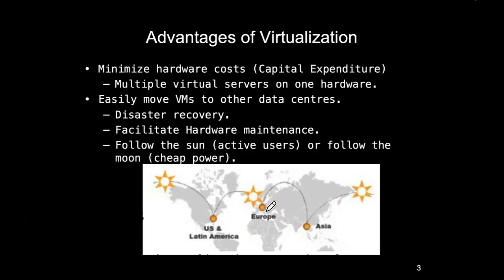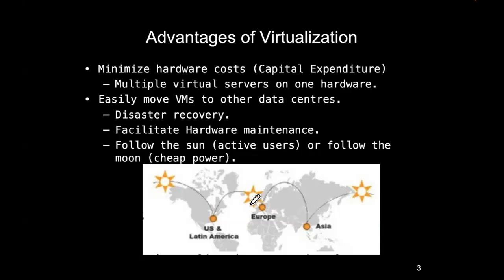Okay. And what virtualization would allow you to do is you could run an application on a VM at a particular data center and maybe move that VM to another data center in a different part of the globe or have duplicate copies of it. And the benefit of that would be, there are a couple of benefits.